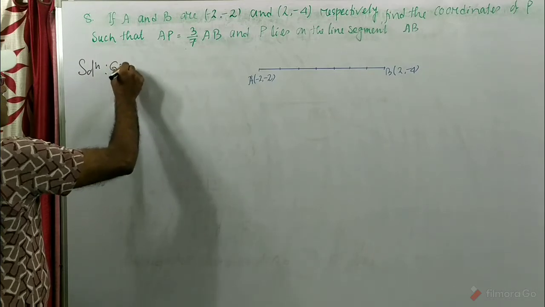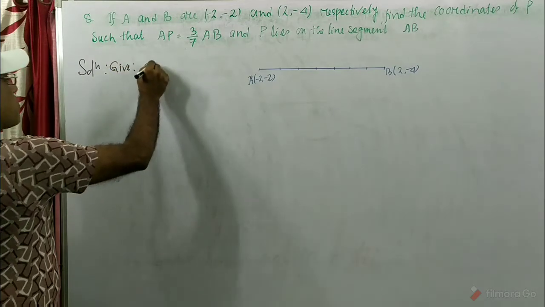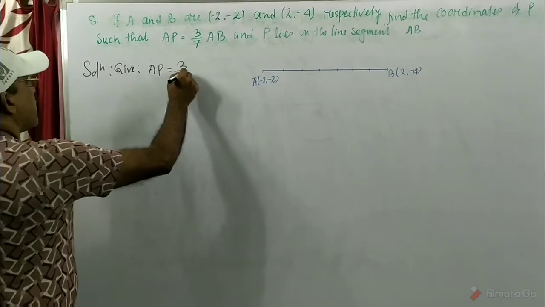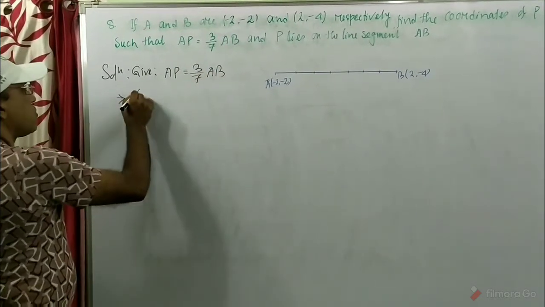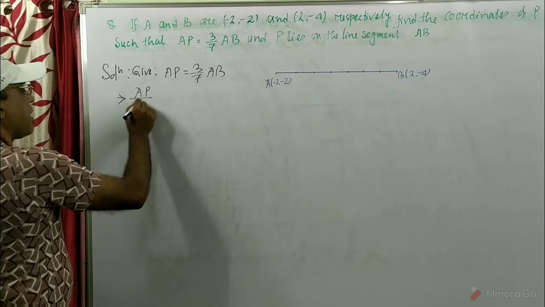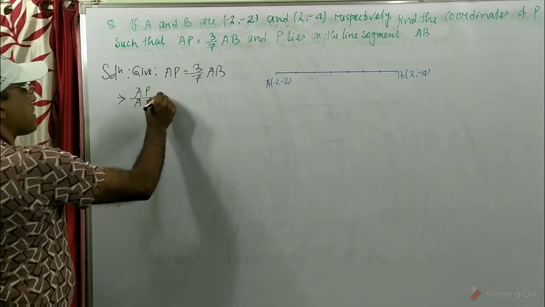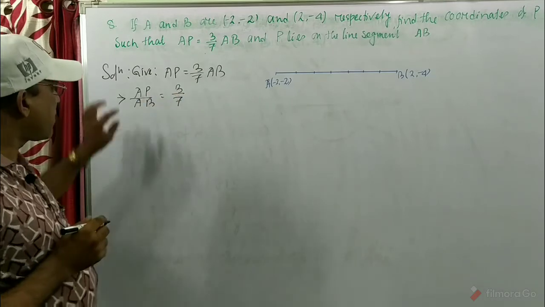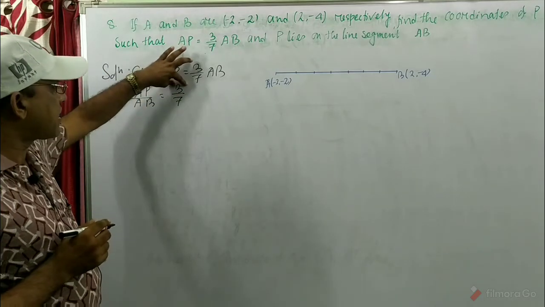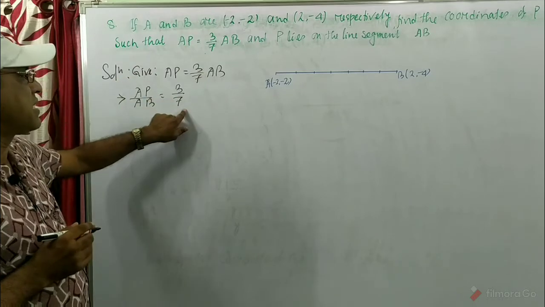Given AP = 3/7 AB. So AP/AB = 3/7. Now what do we get? AP is 3, AB is 7.